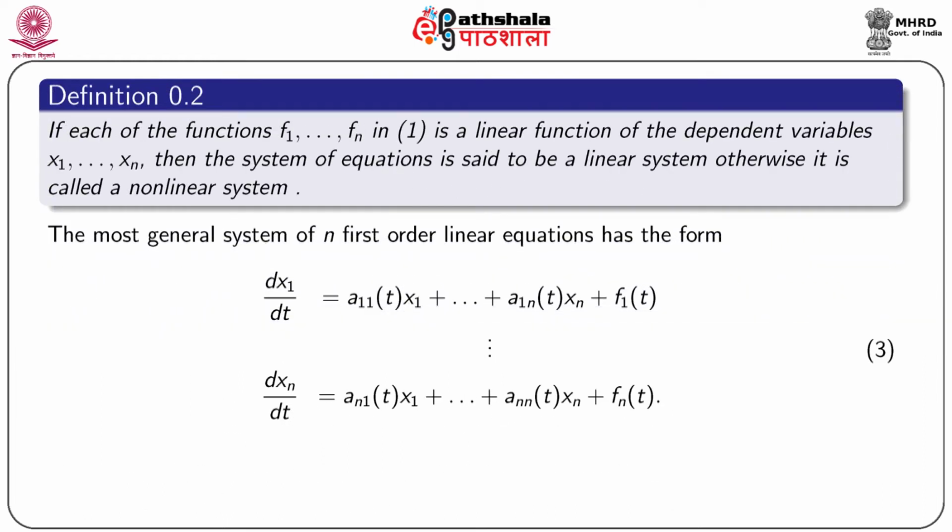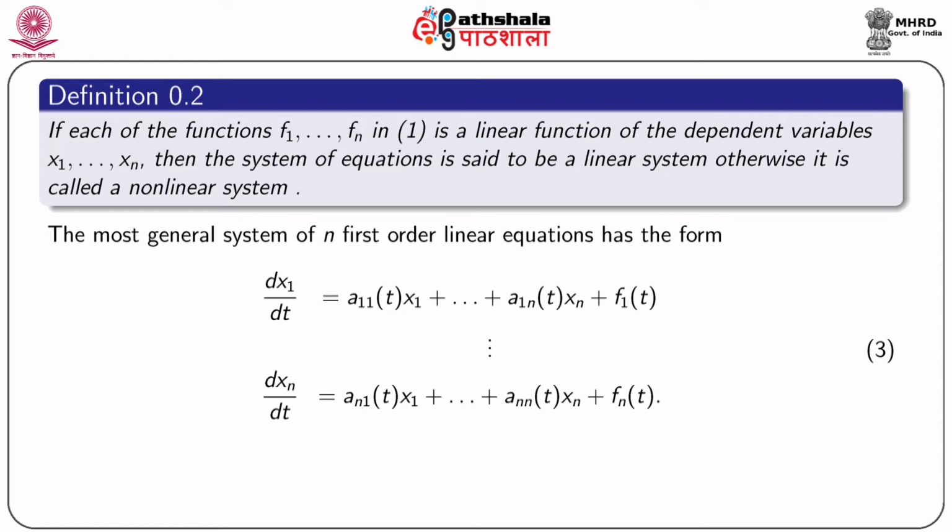If each of the functions f1, f2, ..., fn in equation 1 is a linear function of the dependent variables x1, x2, ..., xn, then the system of equations is said to be a linear system, otherwise it is called a nonlinear system.